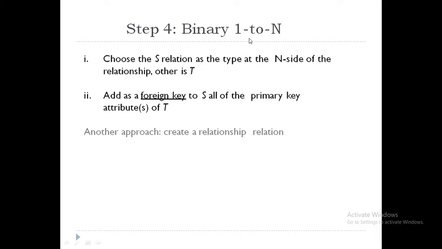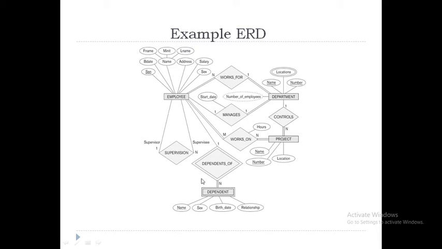So what happens here is you have to see which relation is at the n side. Okay, in that relation you add the primary key of the relation which is at one side as the foreign key. Okay, so see the example now.